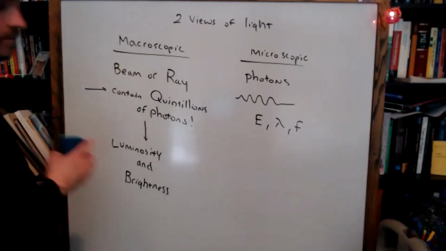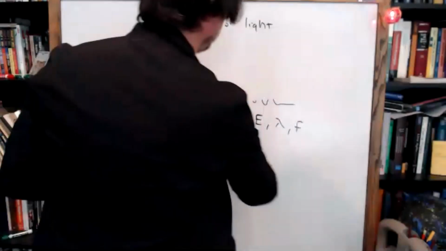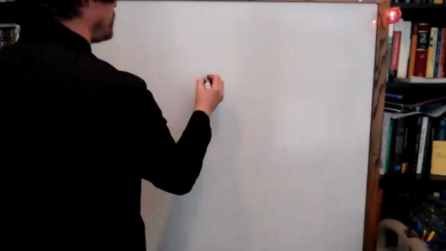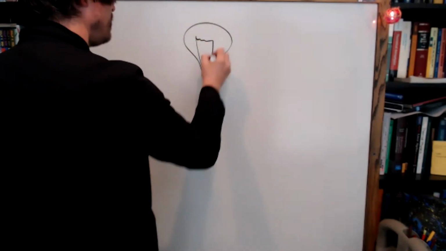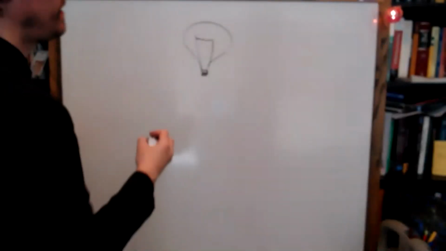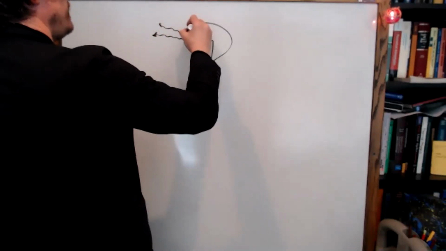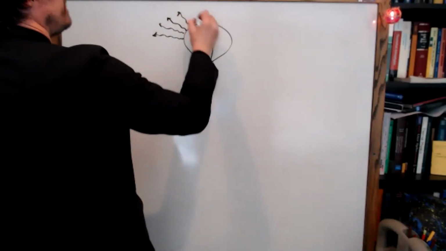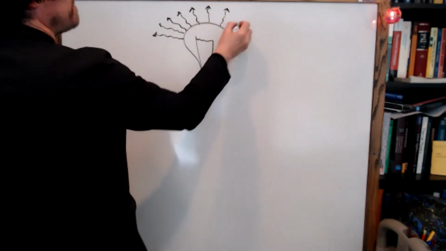Here I go. Imagine that you could see photons coming out of a light bulb. You turn it on, and once you send a current of electricity through it, individual photons, quintillions of them, begin to stream out of the bulb in all directions.